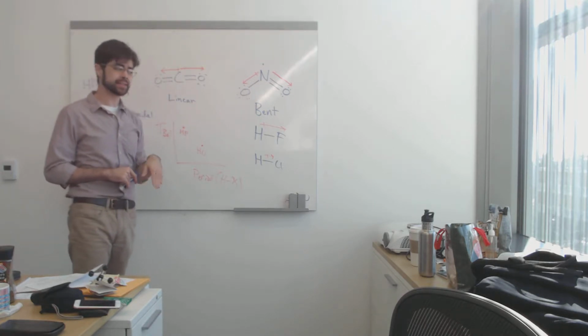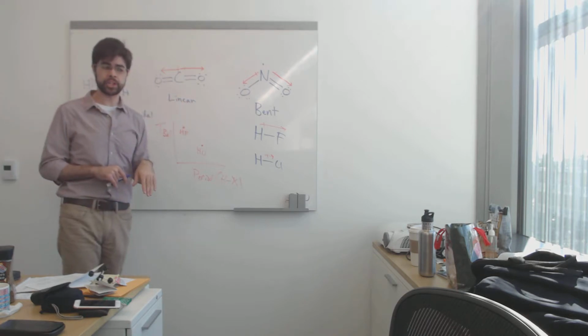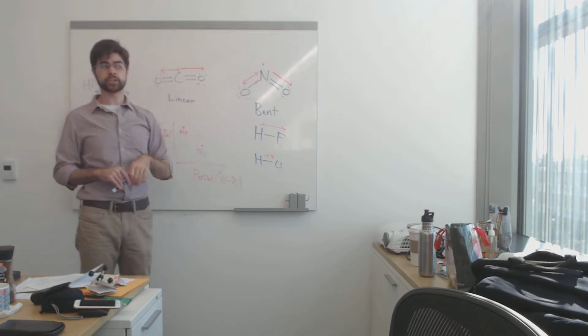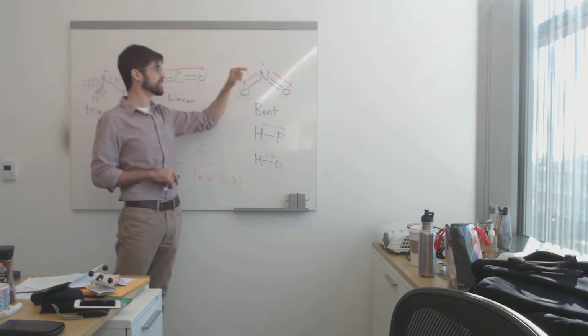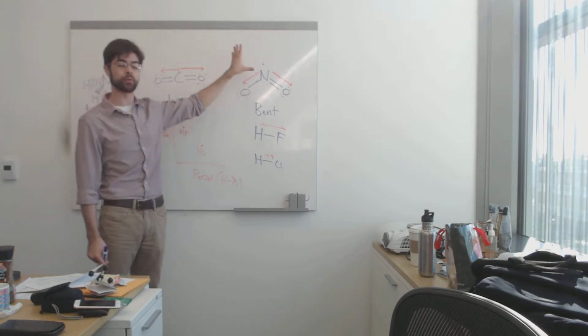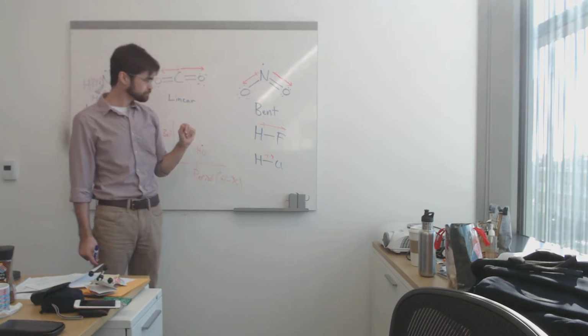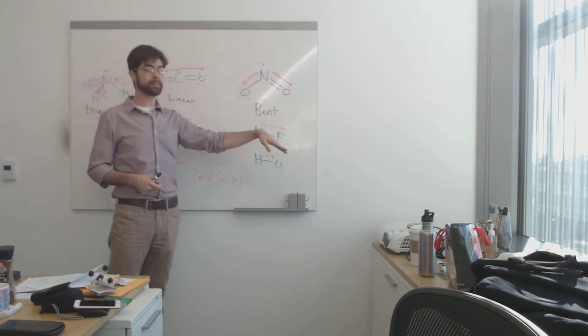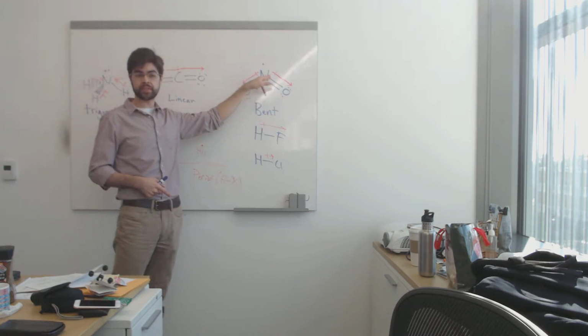NO2, on the other hand, does not have a linear geometry. It has a bent geometry because it has an extra electron. Well, I would have said a lone pair. It has an extra electron around the central nitrogen. So as a result, yet again, you do have dipoles. Oxygen is more electronegative than nitrogen.